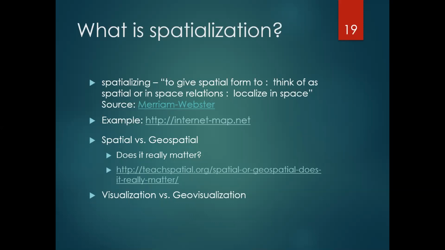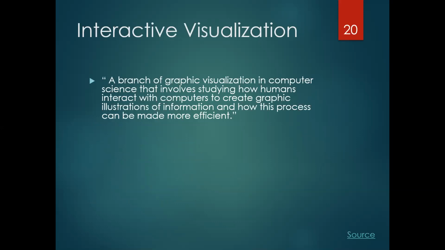Okay, so now let's talk about interactive visualization, because visualization is a type of spatialization. Interactive visualization refers to a branch of graphic visualization in computer science that involves studying how humans interact with computers to create graphic illustrations of information and how this process can be made more efficient.